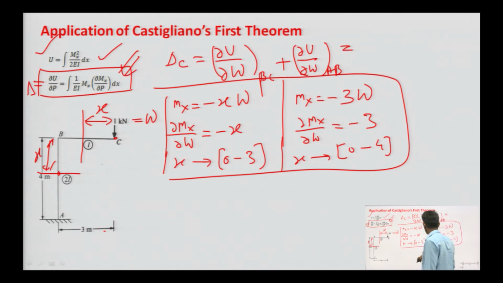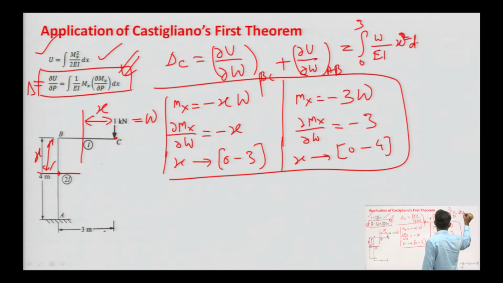So, it is equal to integration 0 to 3, 1 upon E I, and M is minus x, so it will be W into x square dx plus, okay, this is for segment BC.